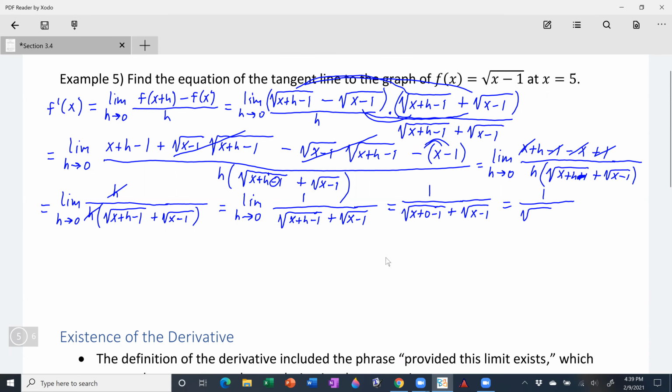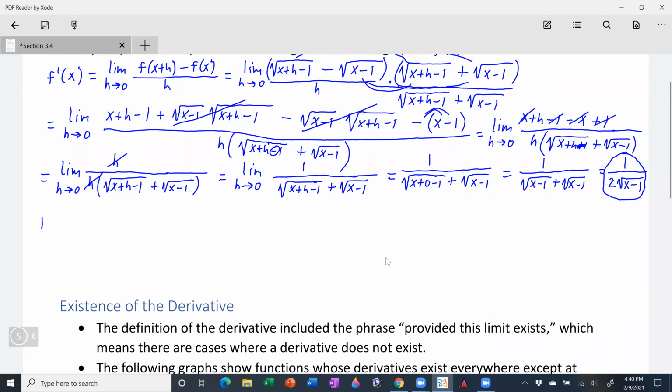With that h being 0 there, it's just going to be root x minus 1 plus another root x minus 1, and those are exactly like terms. So we can write it as 1 over 2 root x minus 1. And no more divide by 0 problem with that h. There's definitely domain restrictions with a radical in the denominator like that, but that is the derivative.